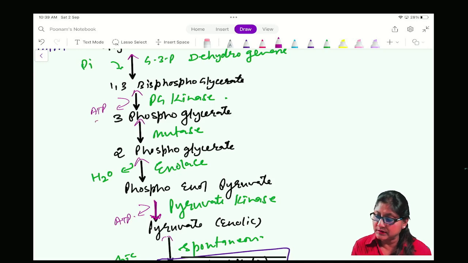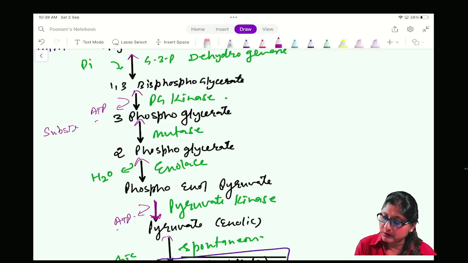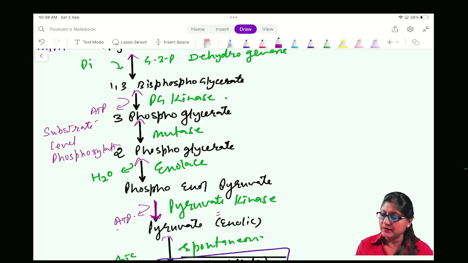This is a very vital step which is producing ATP without any need of oxygen, without any need of mitochondria. This substrate level phosphorylation is there at 2 places in glycolysis: one is the PG kinase step, another is the pyruvate kinase step.